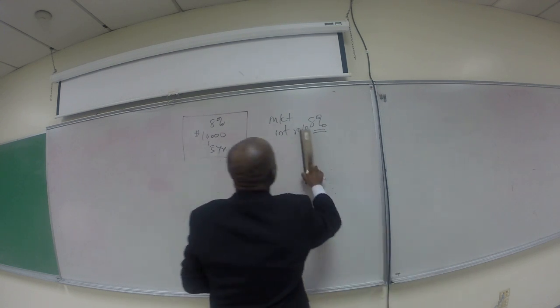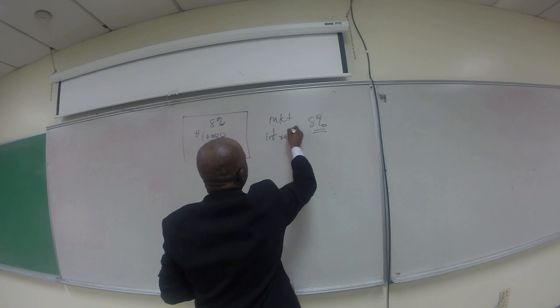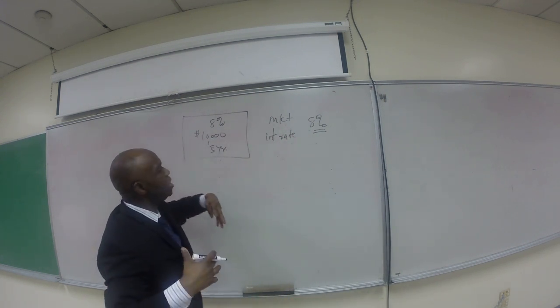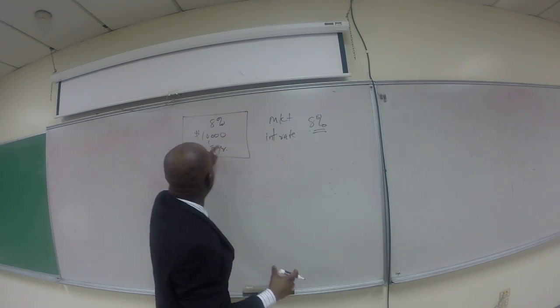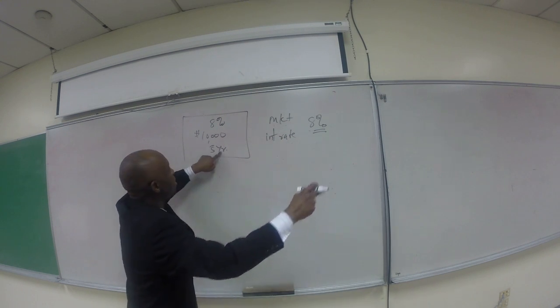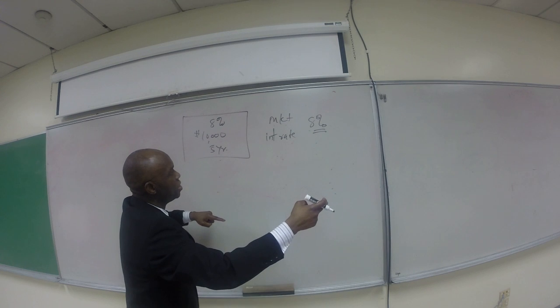So here is what is happening. When a bondholder buys the bond, the company issuing the bond is promising to pay the bondholder $10,000 in 5 years and 8% interest every year for the next 5 years.